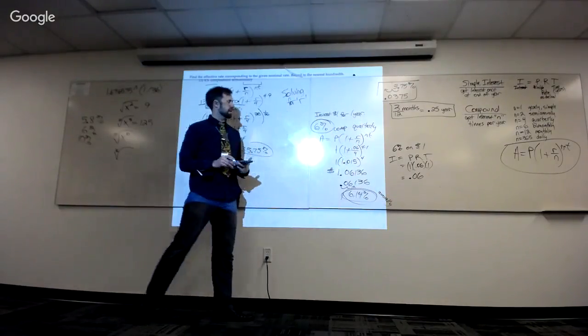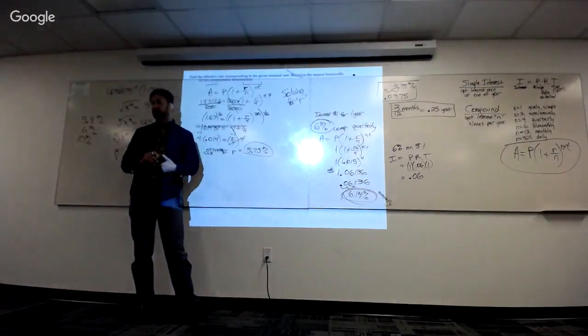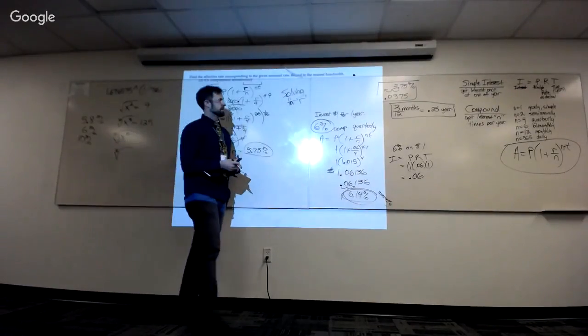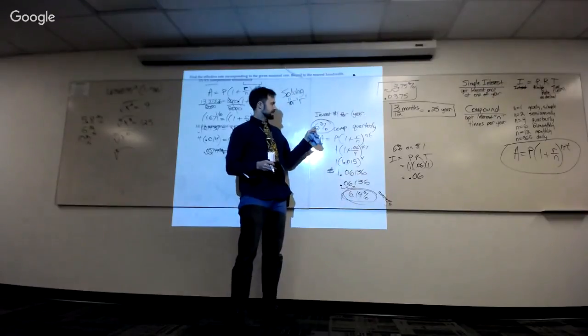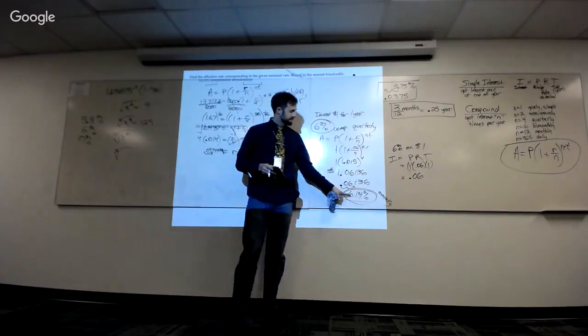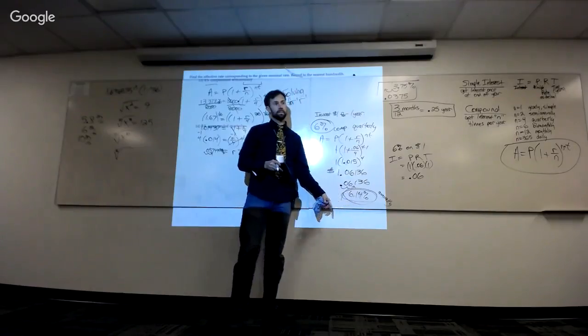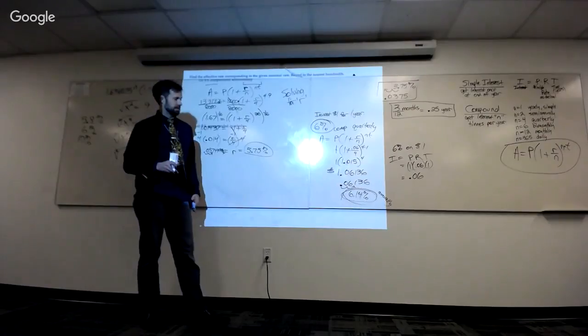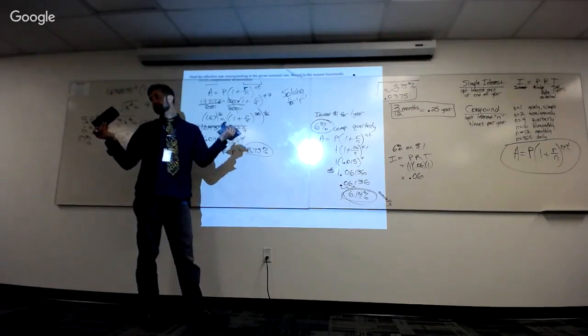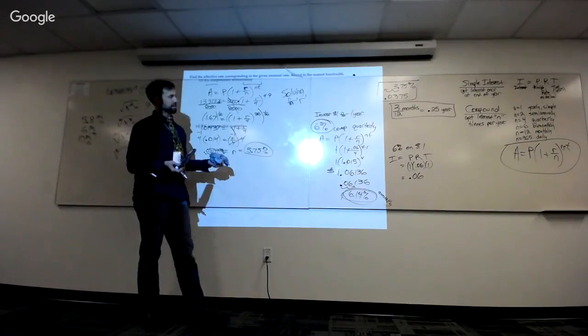Because you got that interest 4 times a year instead of once, you effectively got more interest. 6% 4 times a year is equivalent to 6.14% annually. I don't know if that seems like a huge gain, but if you're investing $1 million, that's a lot of extra money.